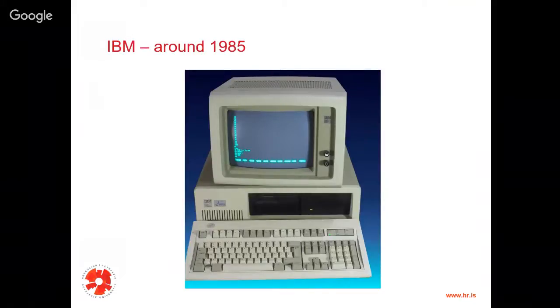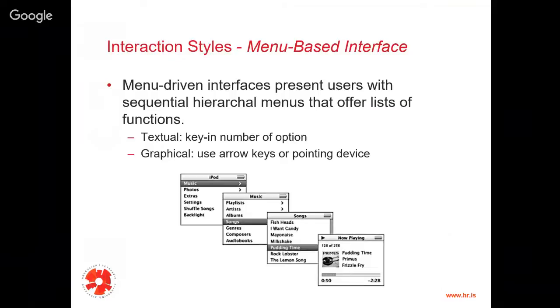The IBM in 1985 was similar to this. We didn't always have a hard disk. We had diskettes to store our data in. But then shortly after that, we got the Macintosh and the GUI.